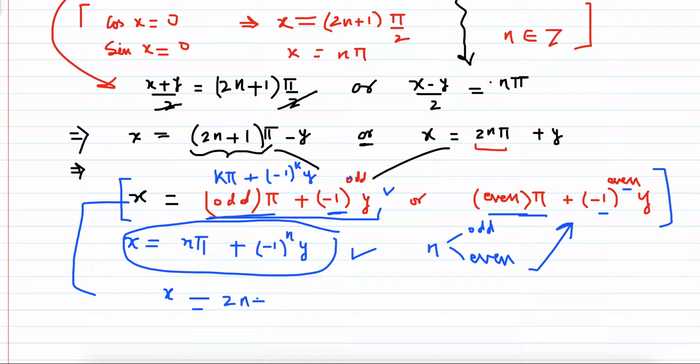We could have also written x is equal to, the general term for odd being 2n plus 1, 2n plus 1 pi plus minus 1 to the power 2n plus 1 y, and similarly, in place of even we will write 2n.